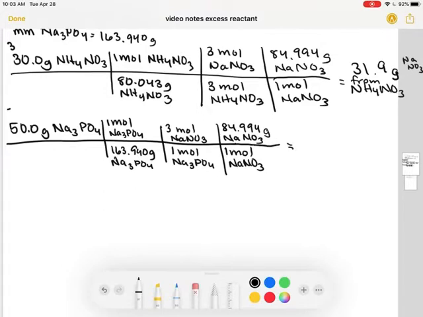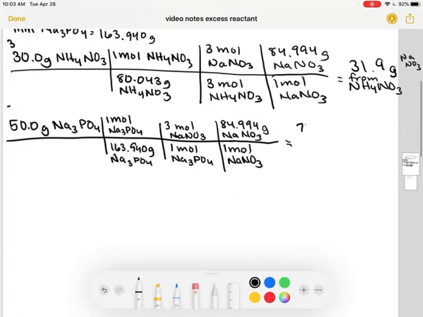Perfecto. Okay, 3 sig figs again. All right, we're putting this into our calculators, and we can get 77.8 grams of sodium nitrate from sodium phosphate.